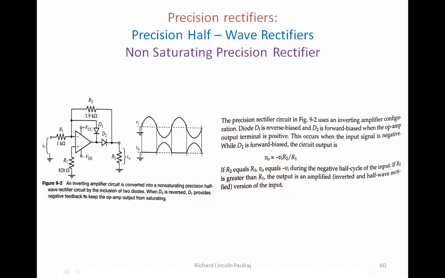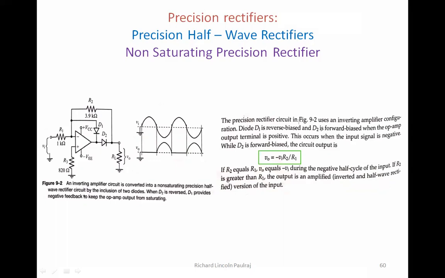And since there's a phase shift of 180 degrees, we can see that the waveform is appearing in this format. So we have an important formula here: V naught is equal to minus Vi R2 by R1. You can make a note of it. V naught is equal to minus Vi R2 by R1.